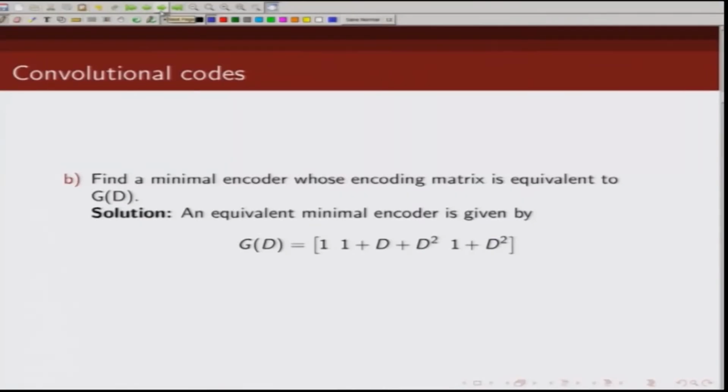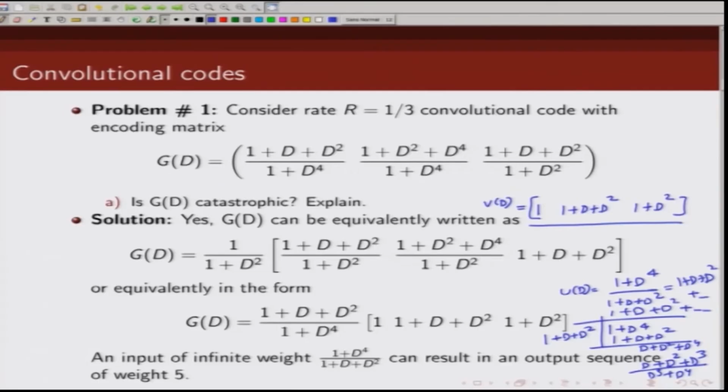Now, the second question is, what would be the minimal encoding matrix for the generator matrix given in the previous example? So, if I ask you to find out the minimal encoding matrix for this encoder, what do we do? We take out all the common factors.